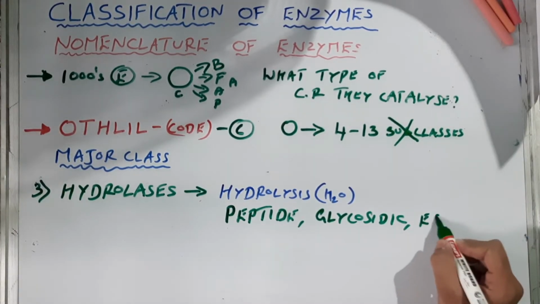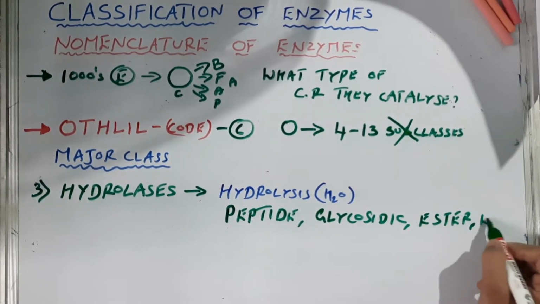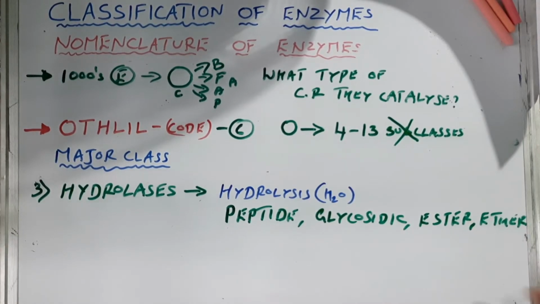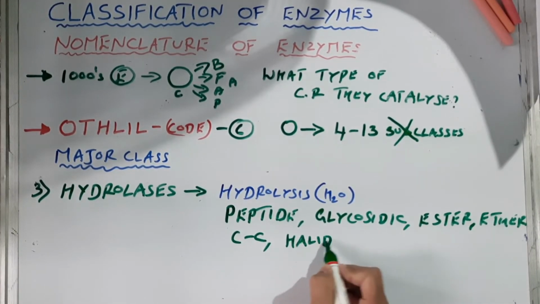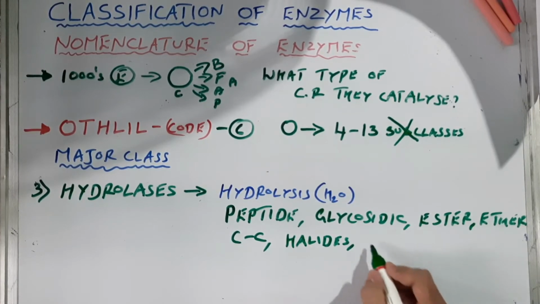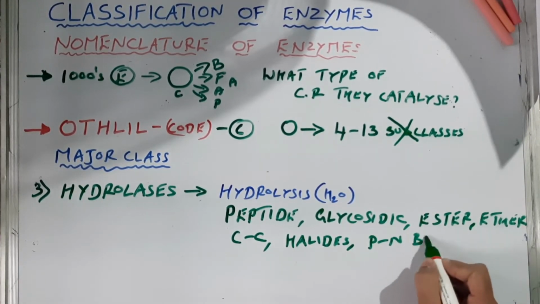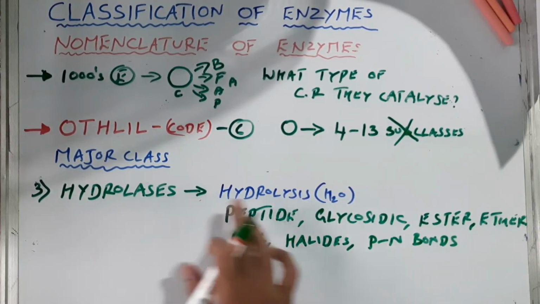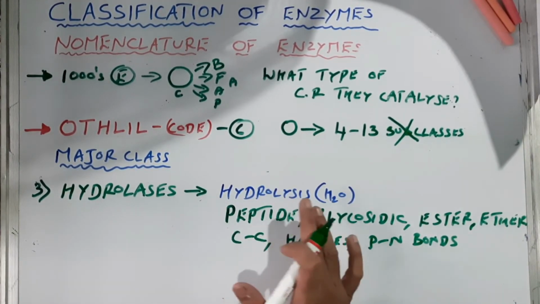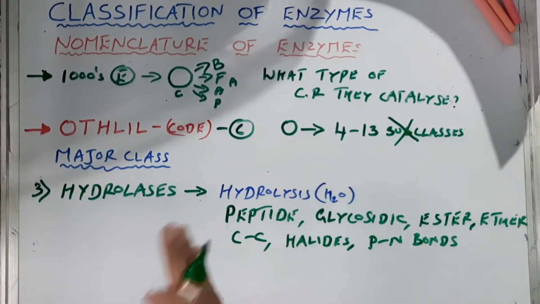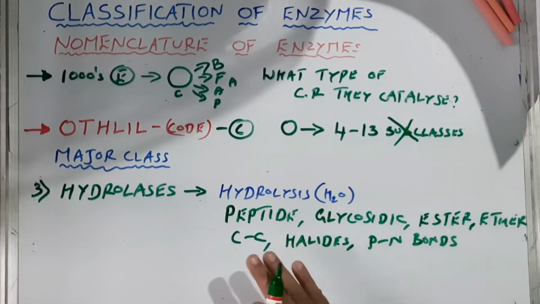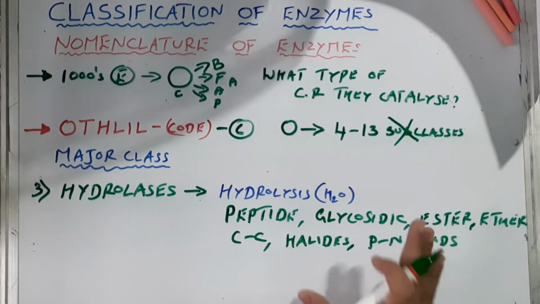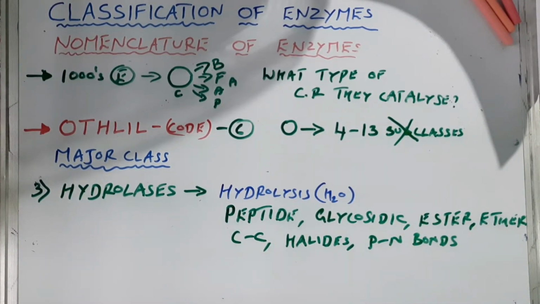And even the ester bonds and ether bonds, C-C bonds, halides, and P-N bonds also. Whatever bonds I have listed here, these enzymes bring hydrolysis. What is hydrolysis? They are going to break the bonds. When the bonds are broken, obviously the products will be produced in a chemical reaction. So this is the main function of hydrolases.